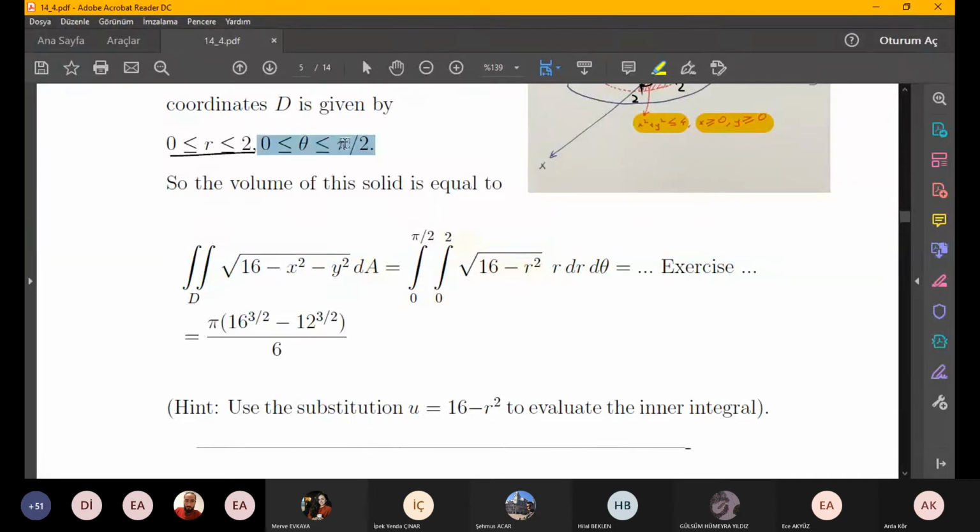So we can write now the limit of integration for theta.